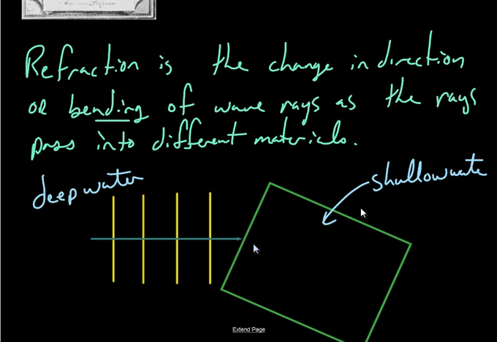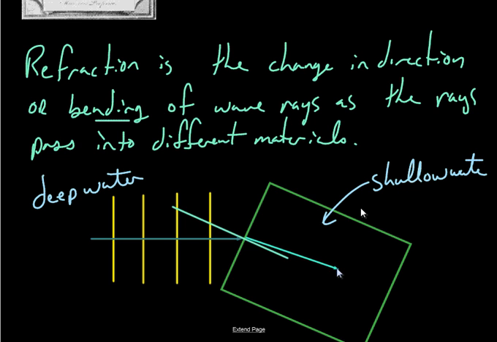And we noticed that the waves did not continue on in the same direction. So if I draw a normal line in here, like that, remember the normal is to the surface of the interface between the media. What we're going to find is that the water actually bends, in this case, towards the normal.